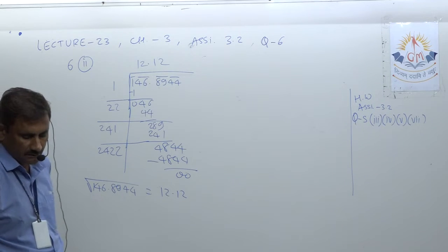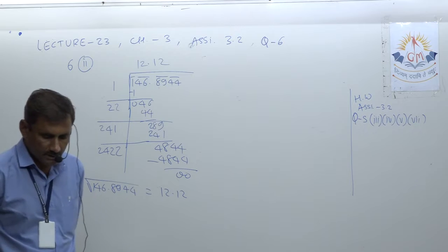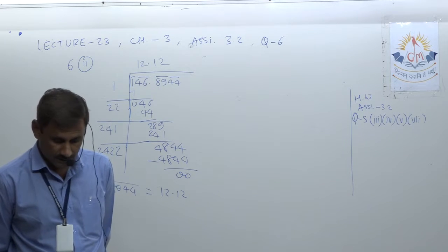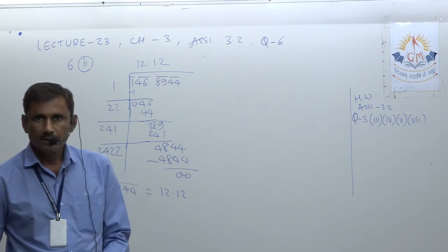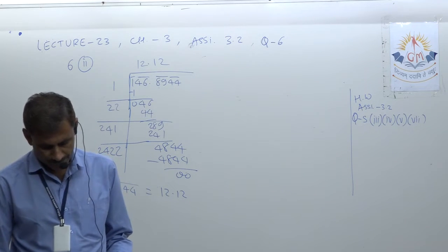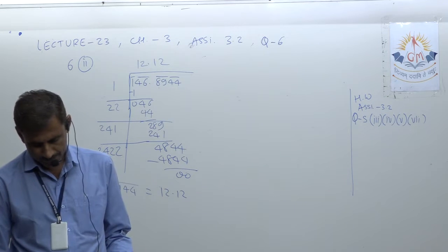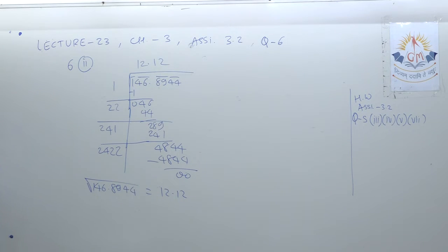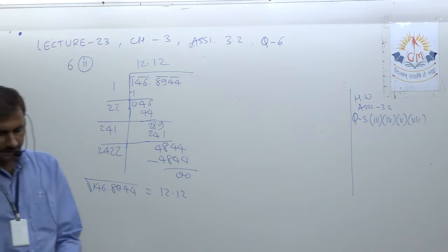Okay, let's find one more. Now I am going to the last one, the 6th one. Let's see. Somewhat long number is there. Okay, just write it down.